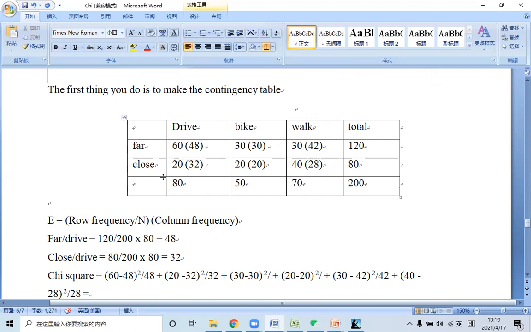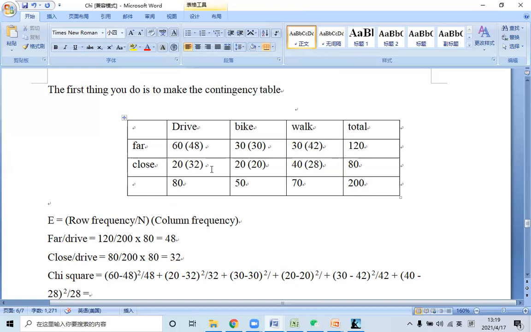The expected value for people who live far away and drive. Altogether, you have 80 people who drive, and the proportion of faraway people would be 120 over 200. Of the 200 people, you have 120 who live far away. And then how about those people who live close by and drive?